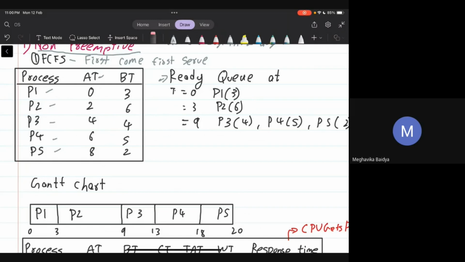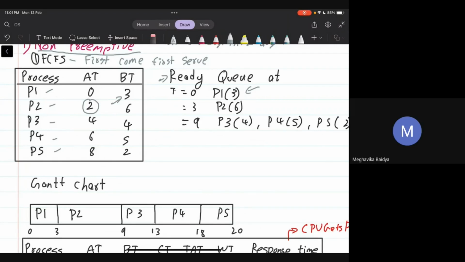The ready queue basically queues all the processes that come in according to the arrival time. As you can see, at arrival time 0, P1 came first. Then at arrival time 2, P2 came. But when P2 came, P1 was already executing because its burst time is 3.